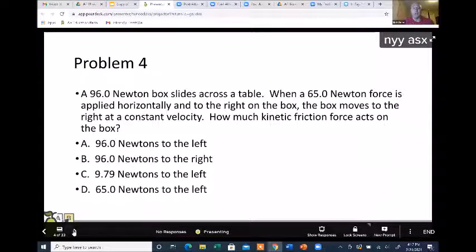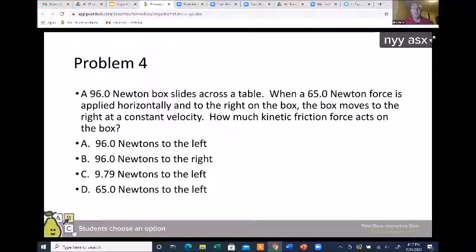Now this one, if you understand how friction works, should be very quick.